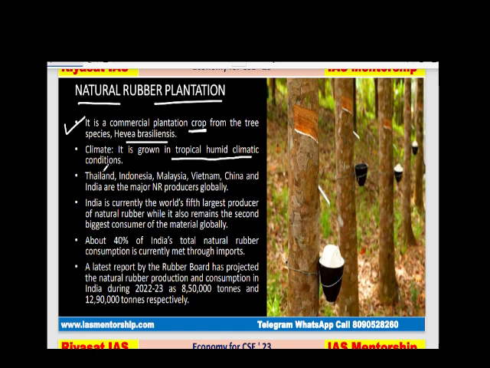It is grown in tropical humid climatic conditions, which means that sun and rainfall both are necessary. Places: Thailand, Indonesia, Malaysia, Vietnam, China and India are the major producers. India is the world's fifth largest producer of natural rubber and also the second biggest consumer of the material. Fifth producer, second consumer. Clearly?